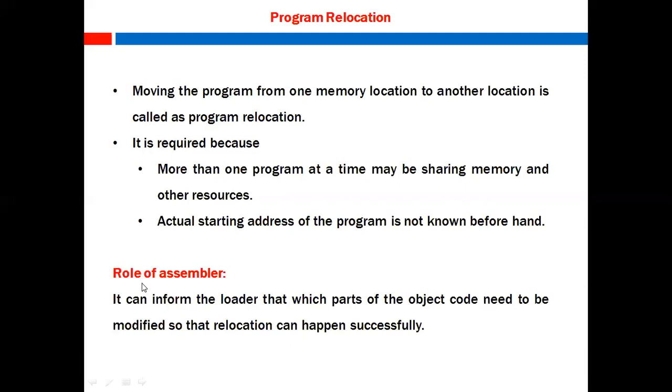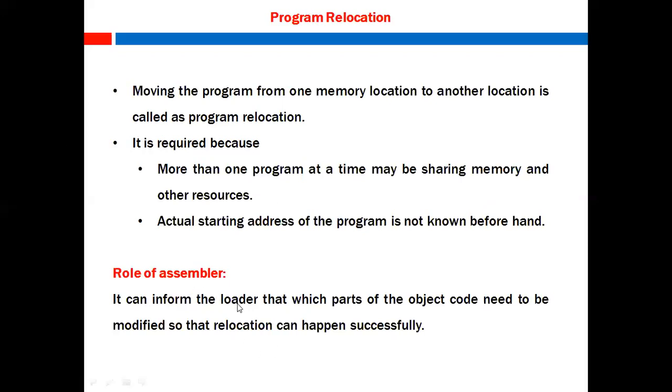For this, we should know the role of the assembler. The assembler can inform the loader which parts of the object code need to be modified so that relocation can happen successfully. So we have one program code, and how and where it has to be relocated can be given to the loader.